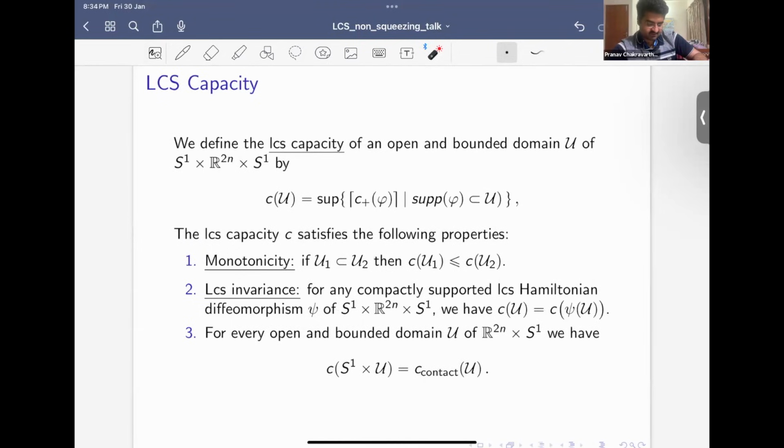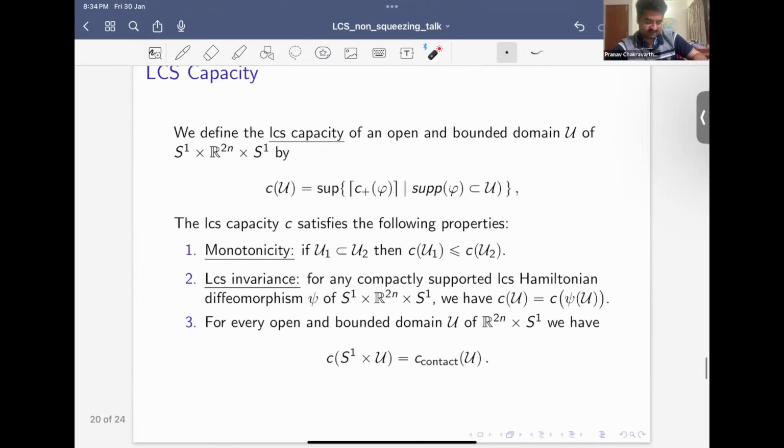Once you have spectral selectors, you can define an LCS capacity on these manifolds, which is defined as follows.